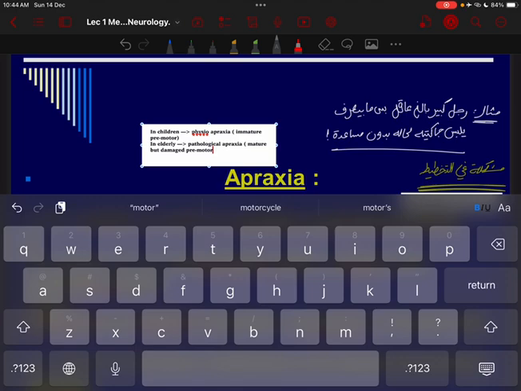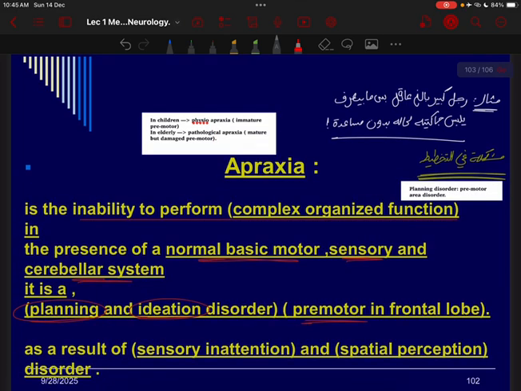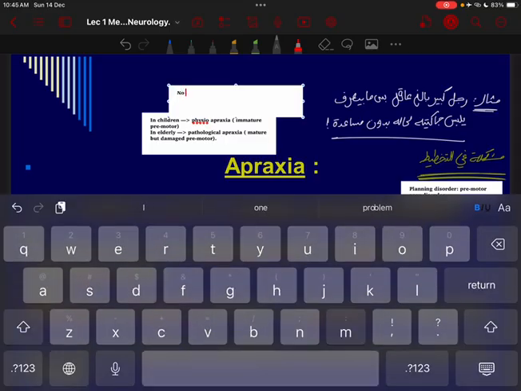I have no planning, and I put it upside down. But this is not an accident. There is no motor deficit, there is no sensory deficit, but there is a planning problem.